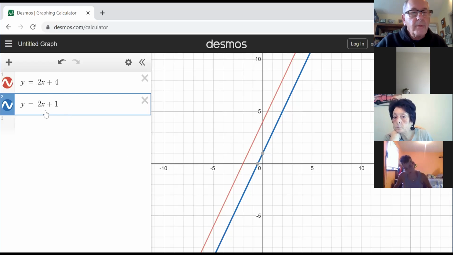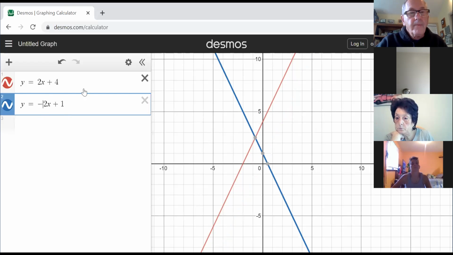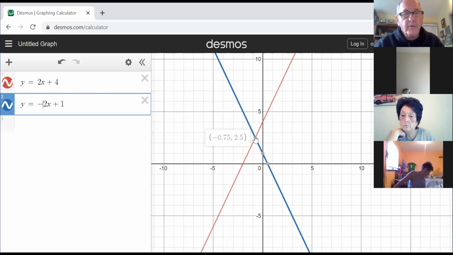Now, if I changed the 1 in the second one into a negative, boom, it's a negative. So it's got the intercepts right here. So the values of minus 0.75 and 2.5 would satisfy both of those equations. If you put those x and y values into both equations, they would be satisfied.